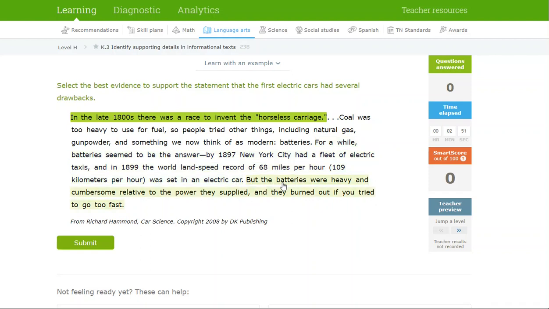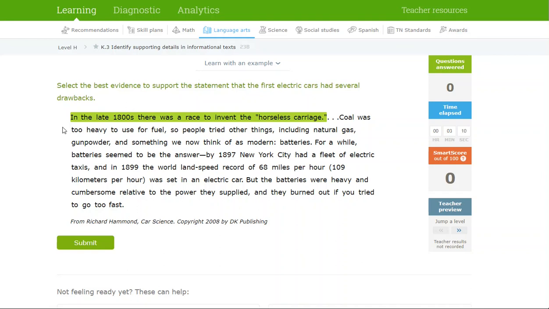But the batteries were heavy and cumbersome relative to the power they supplied, and they burned out if you tried to go too fast.